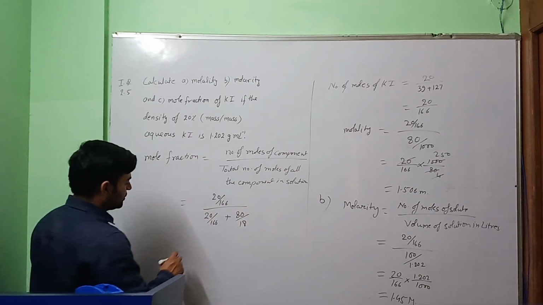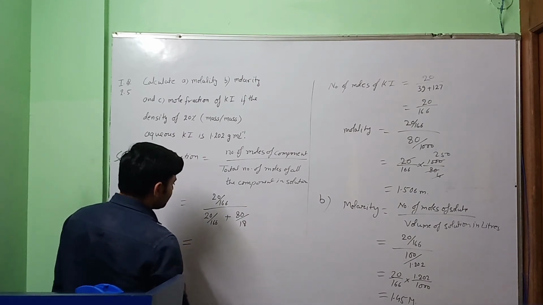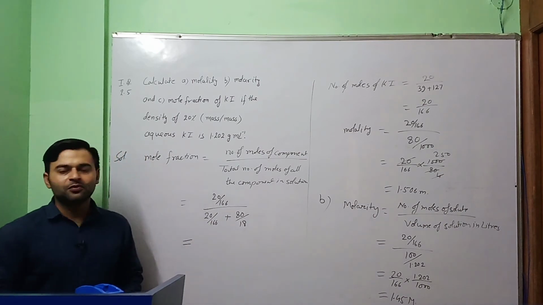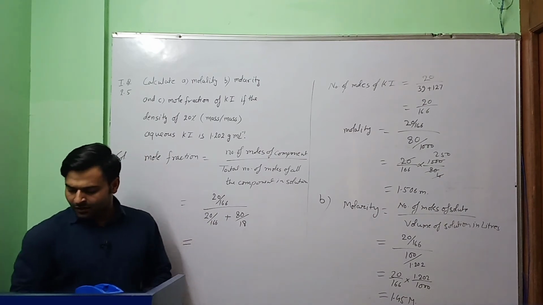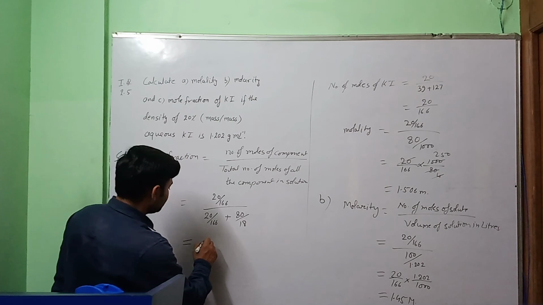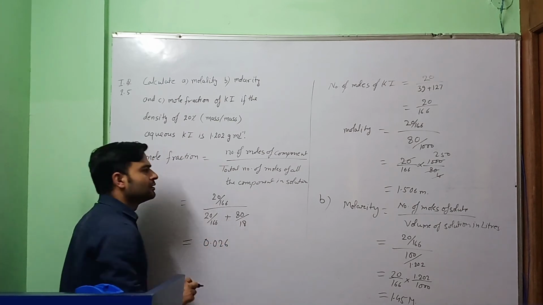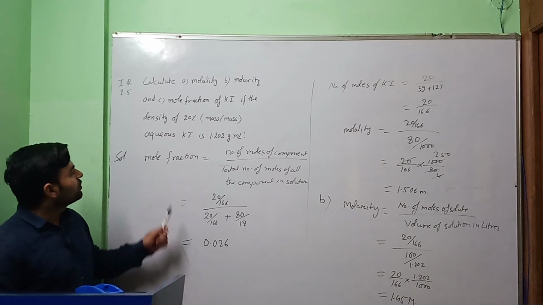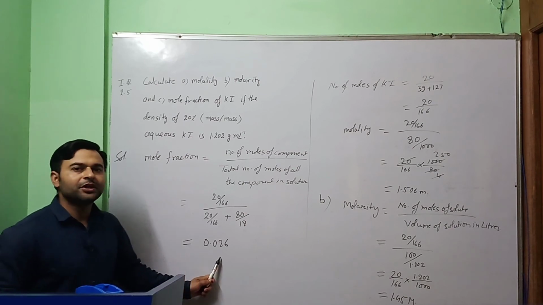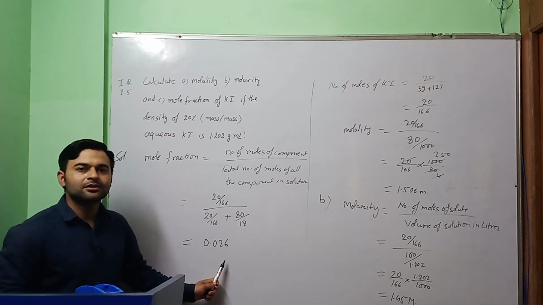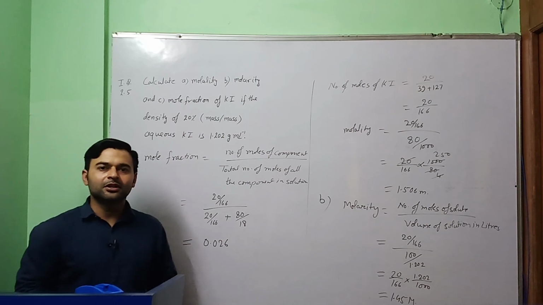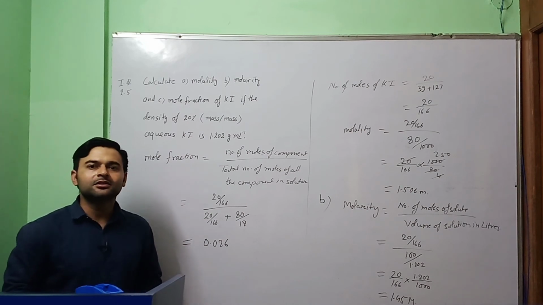So on solving this, the mole fraction of KI will come as 0.026. So the mole fraction of KI is 0.026 in the solution. This will be the complete solution of this question.